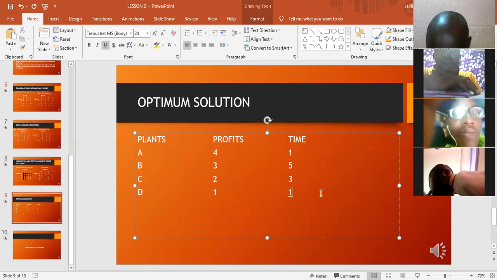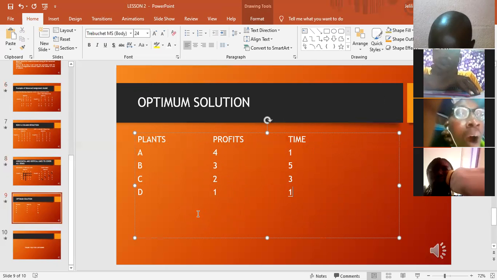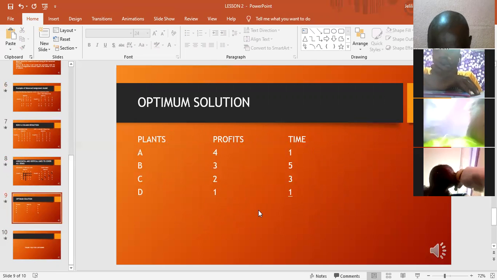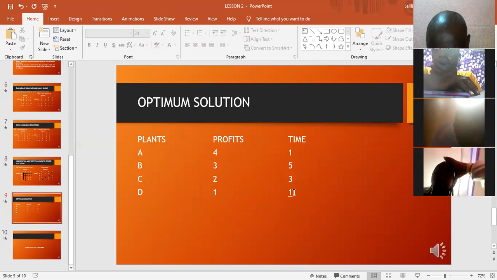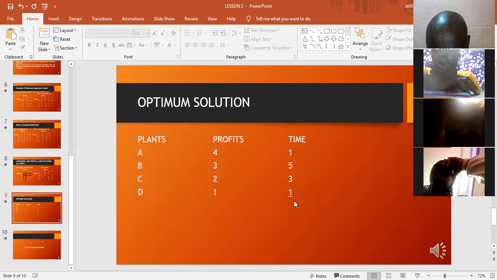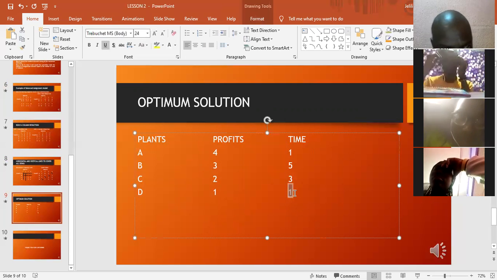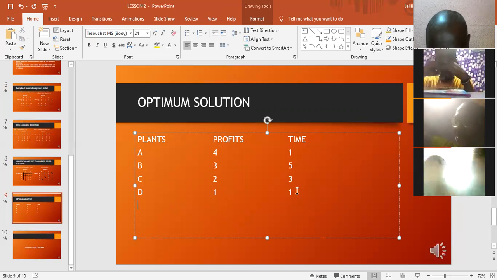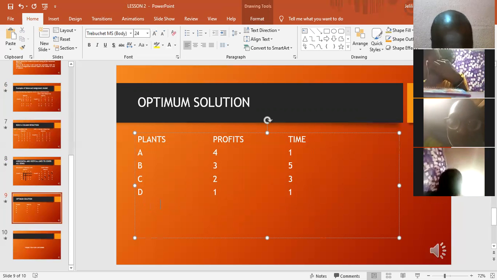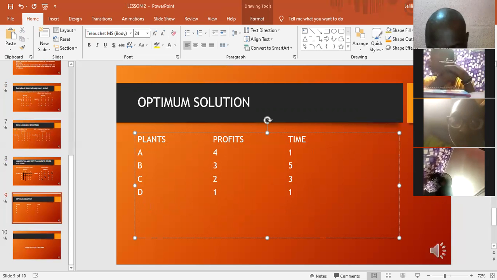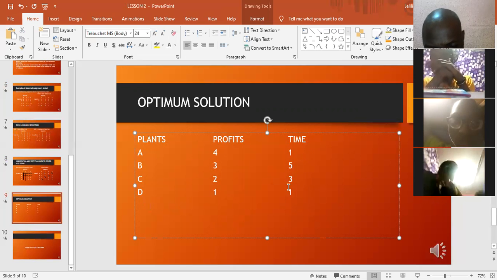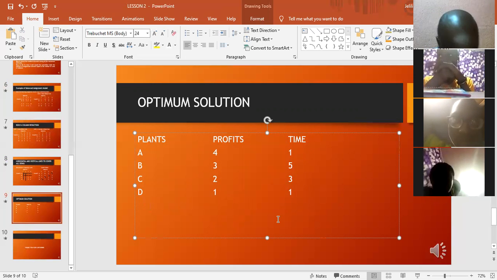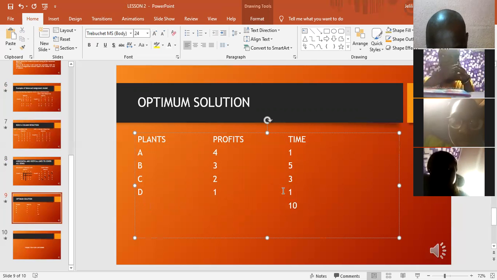What is the summation? 10. So our summation is 10. 1 plus 5, 6. 6 plus 3, 9. 9 plus 1, 10. So that is the final answer.